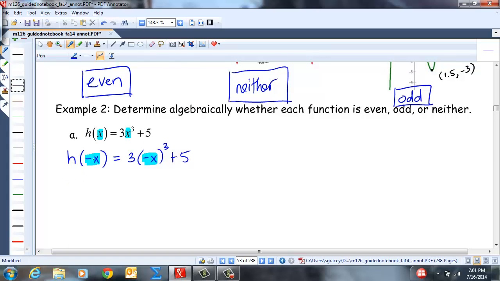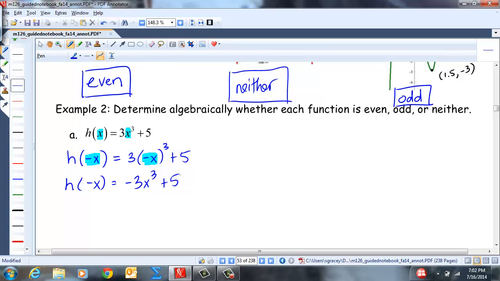So h at negative x is equal to 3 times, when I cube that, do you see I'll get negative x cubed? So actually, I'm just going to write this as negative 3x cubed plus 5.